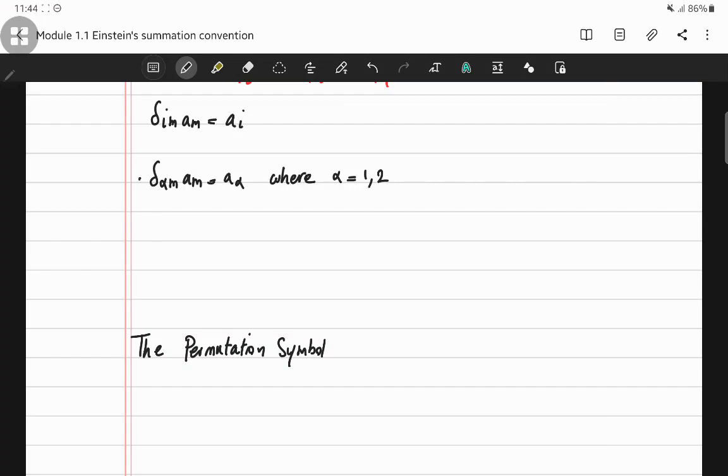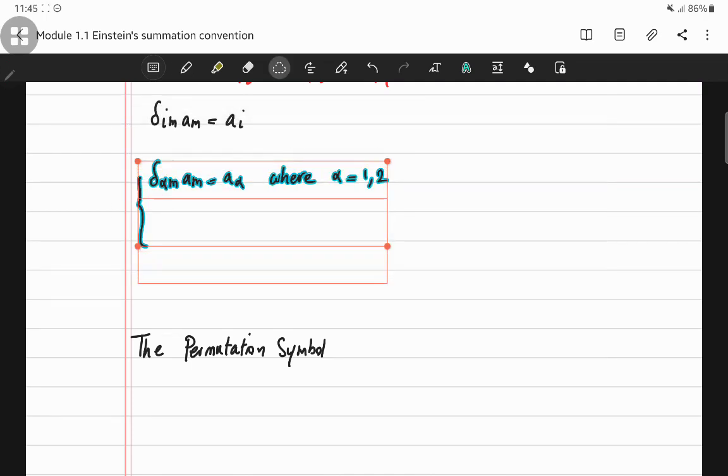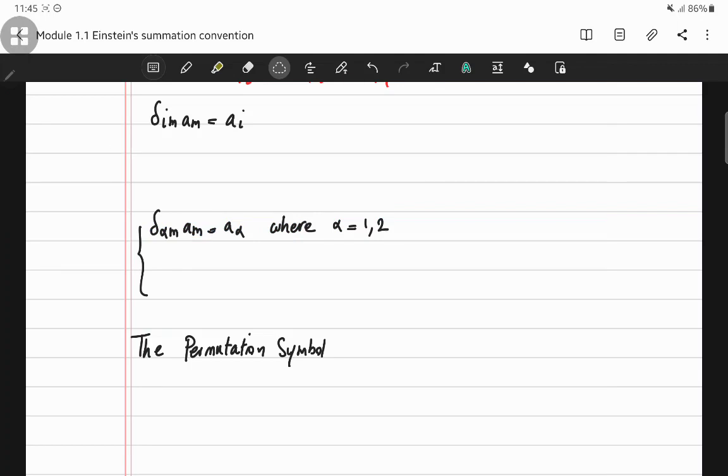Or we can also show this with beta n, a n is equal to a beta, where again beta gets 1 and 2.